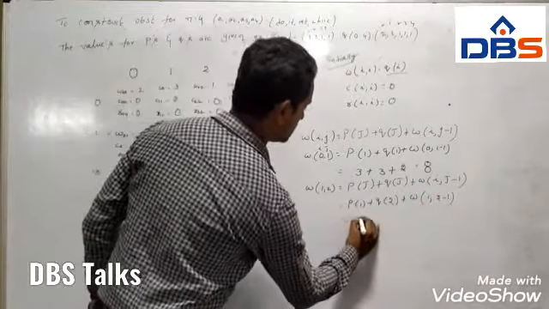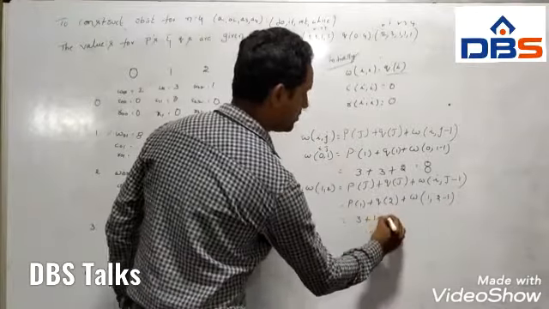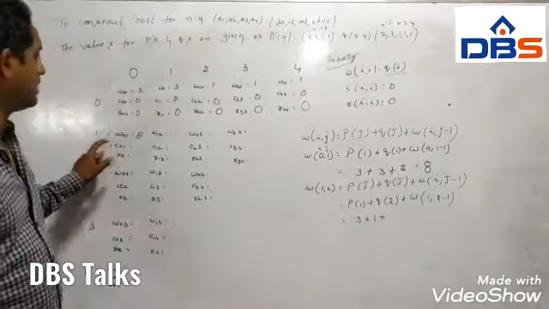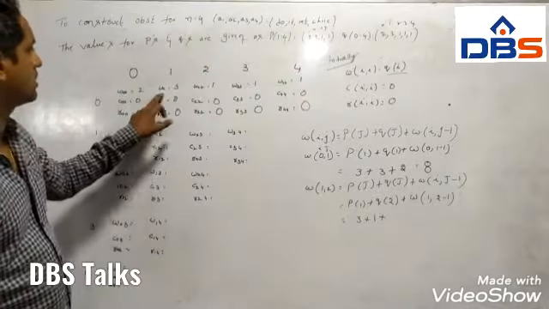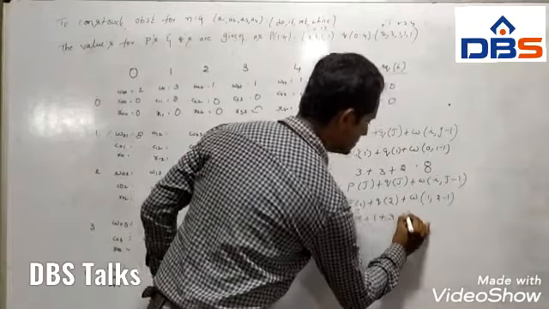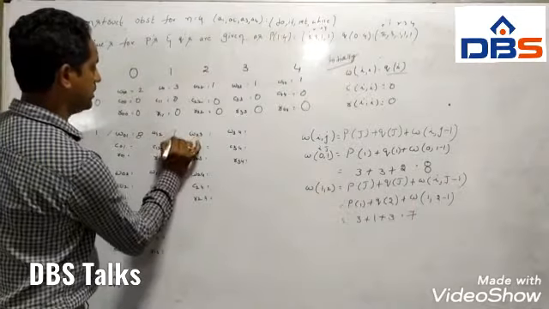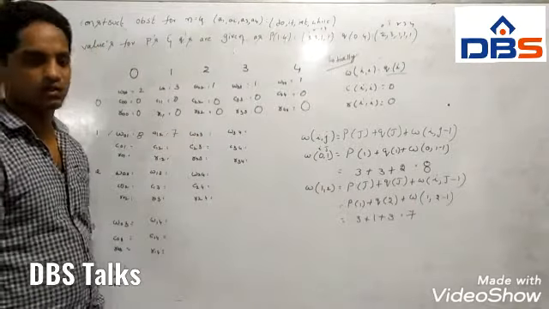P of 2 equal to 3 plus Q of 2 equal to 1 plus W of 1 comma 1 equal to 3, that equals 7. So W of 1 2 equal to 7.